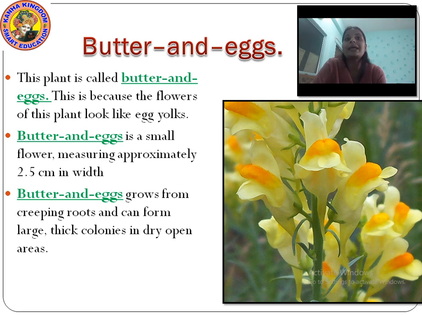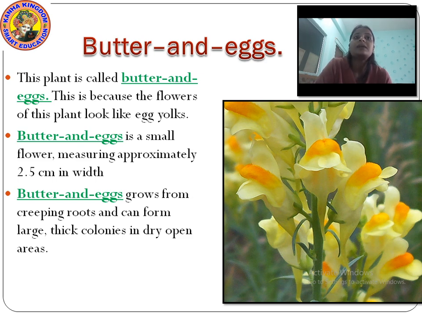B-U-T-T-E-R, butter and eggs, E-G-G-S. Now, why do we call this plant butter and eggs? Because the flower of this plant looks like egg yolk.